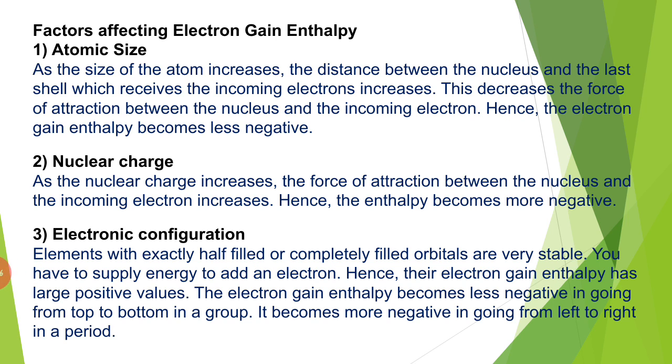Factors affecting electron gain enthalpy. First factor, atomic size. As the size of the atom increases, the distance between the nucleus and the last shell which receives the incoming electron increases.